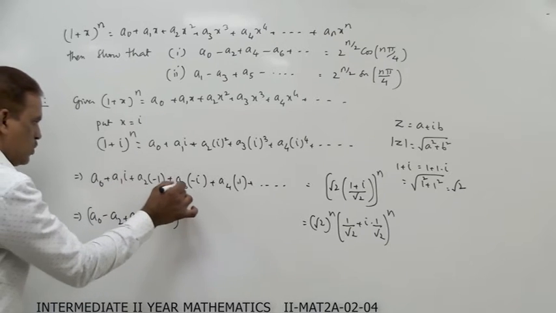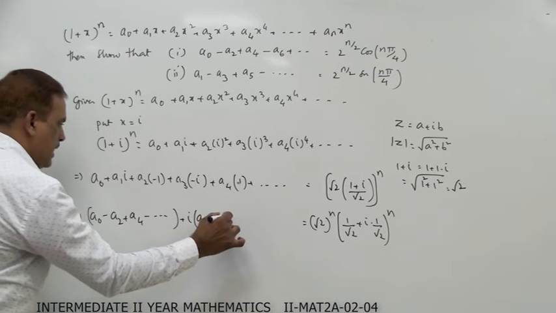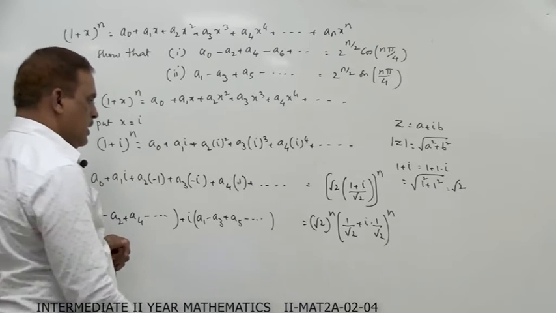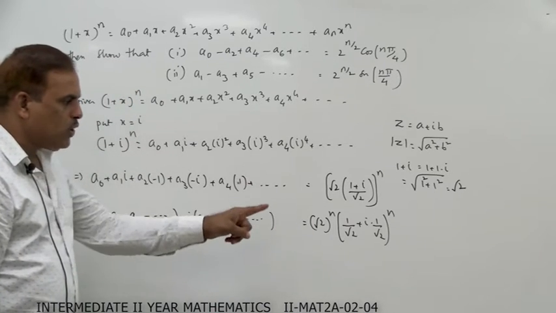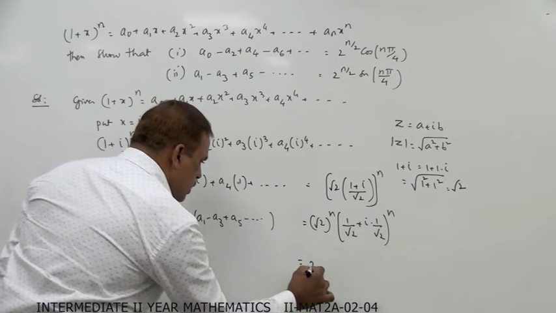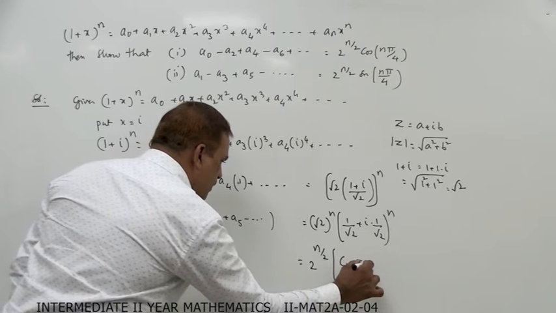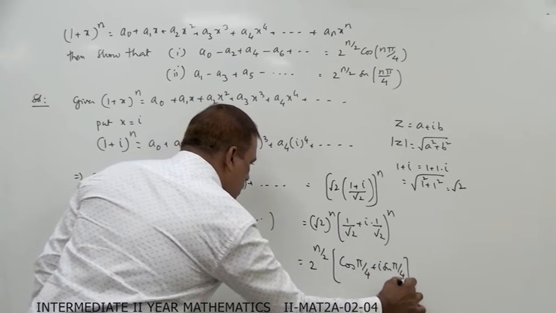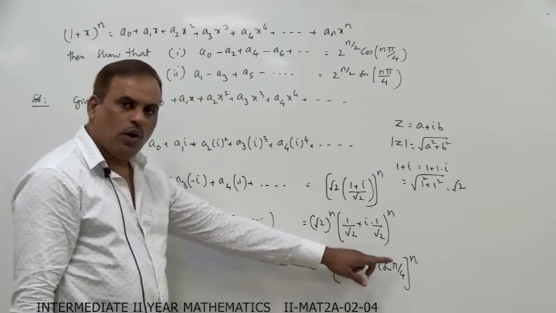Here i common, now plus i into (a1 minus a3 plus a5 minus and so on) is equal to root 2 whole power n into (1 by root 2 plus i into 1 by root 2) whole power n. This we can write as 2 power n by 2 into (cos pi by 4 plus i sin pi by 4) whole power n. Cos pi by 4 plus i sin pi by 4 whole power n.